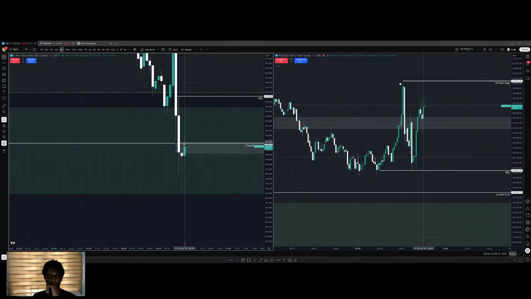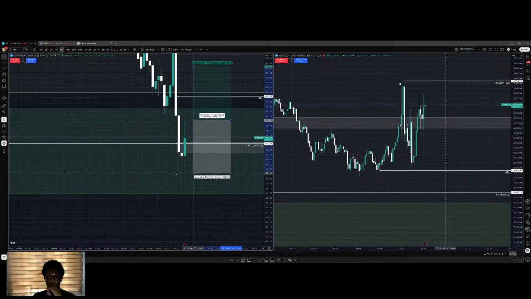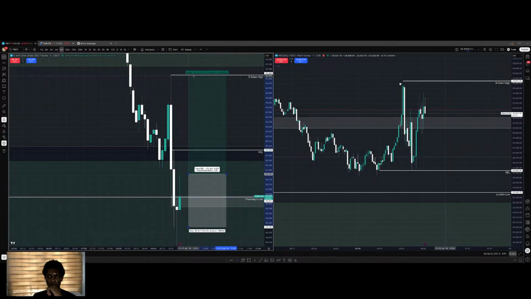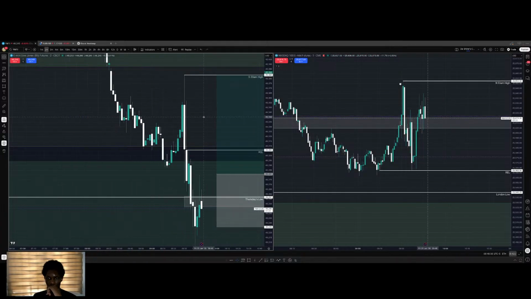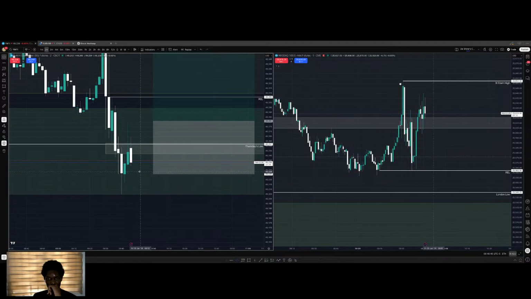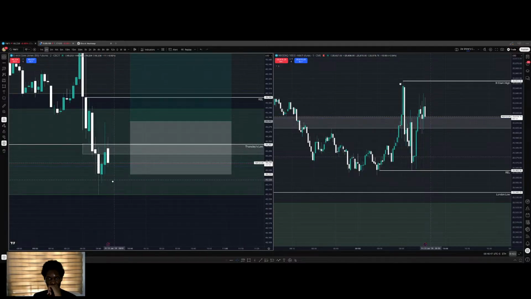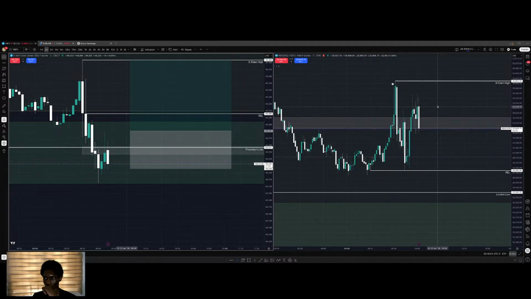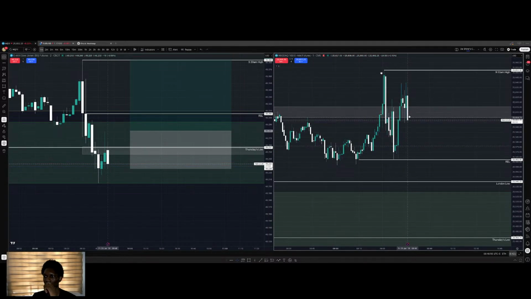Right now, I'm waiting to see how this candle closes. If it closes strong, could take it. Maybe something like this. So let's see. If we do form an order block here and we have a close above, that'd be interesting to see. So basically, yeah, I'm just waiting to see.